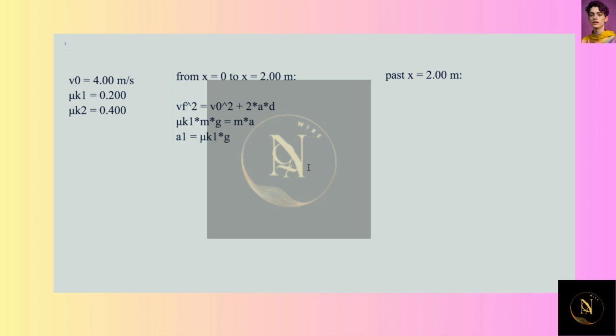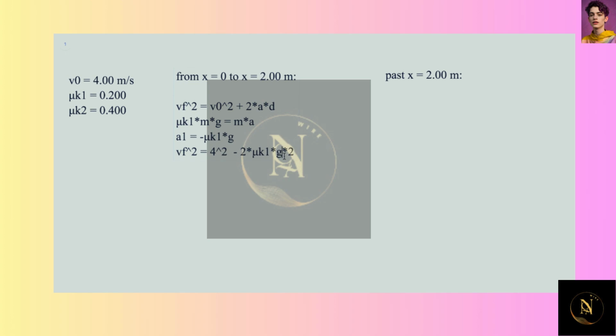Now, remember, if the block is moving to the right, this is going to be a deceleration because it's slowing the block down. So we're going to make this negative just to explicitly show that this is slowing down the block. When we plug into our equation here, we're going to have our final velocity, this is what we want to find. Our V0 is 4. And our A, again, we're going to make this term negative, mu k1 times g, and then our distance is 2 meters.